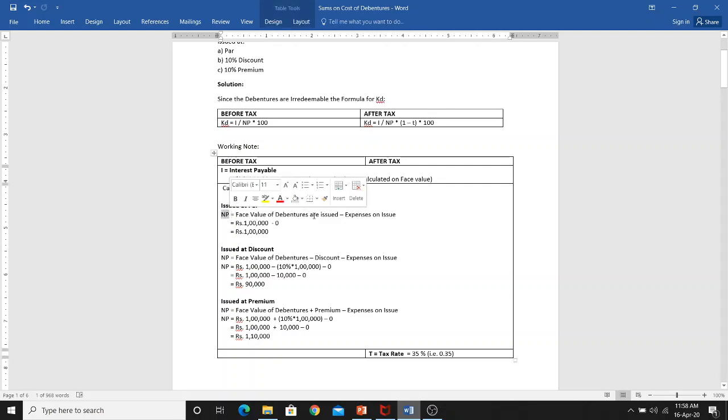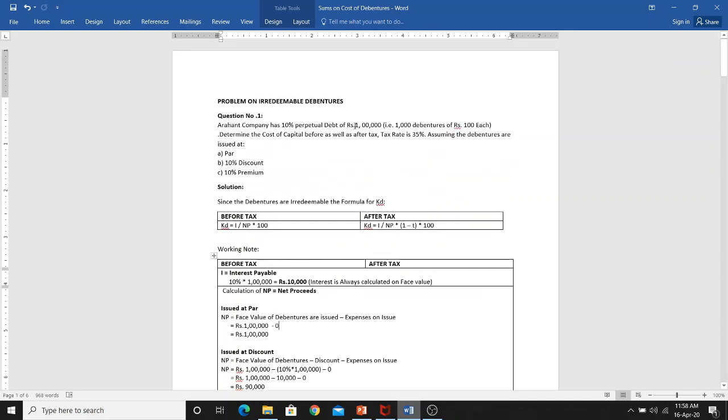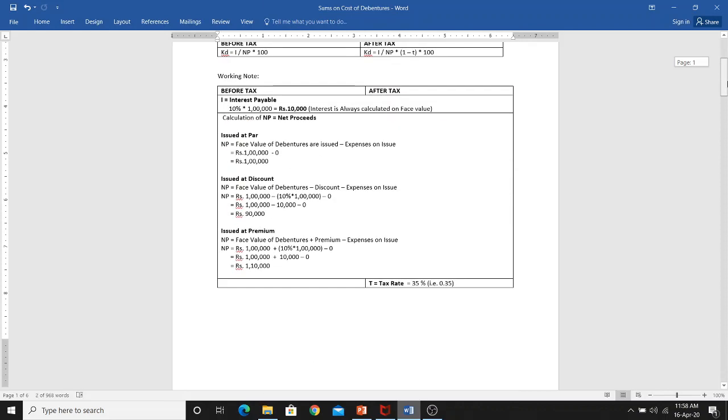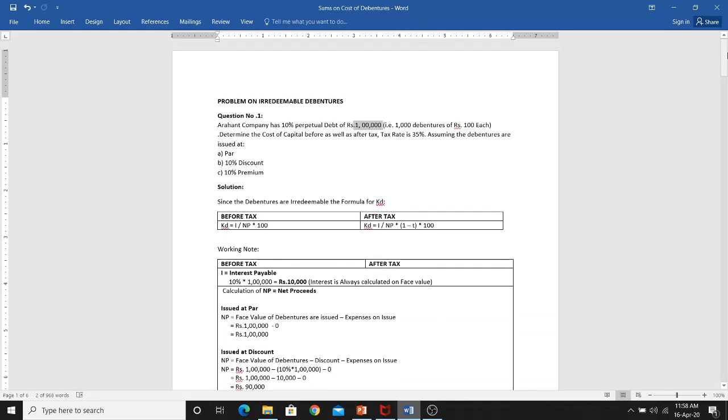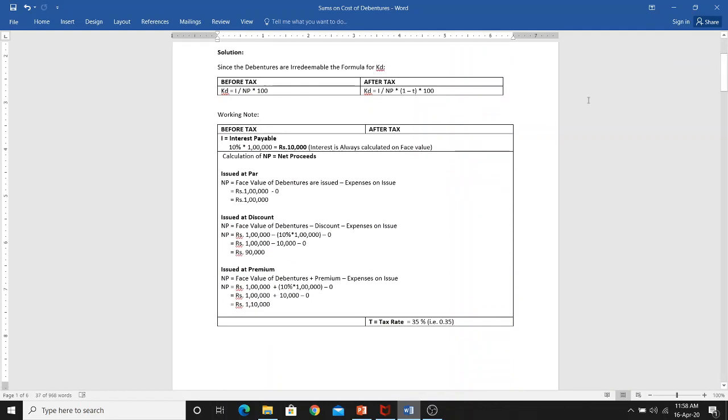It is the face value of debentures issued minus expenses on issue, a formula we have already seen in our previous slides. So it is 1 lakh rupees minus expenses on issue. Since no information about the expenses is given, it is 0. So 1 lakh minus 0 is 1 lakh. So we got NP in case of par.